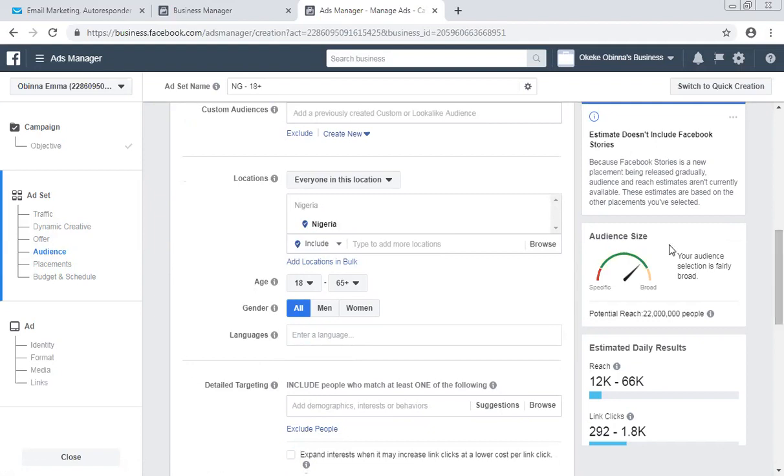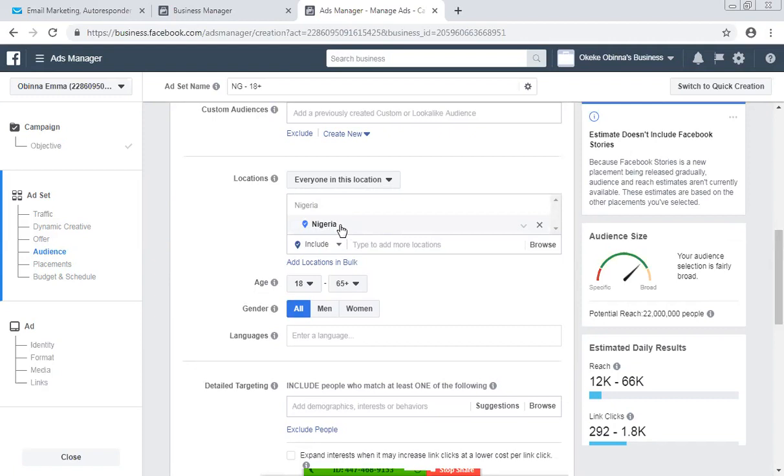So let's assume from the information we had, I want to target Nigeria, but not everybody in Nigeria. Now, there is nothing wrong with targeting everybody in Nigeria, okay? But the problem is that you might end up just wasting your money.